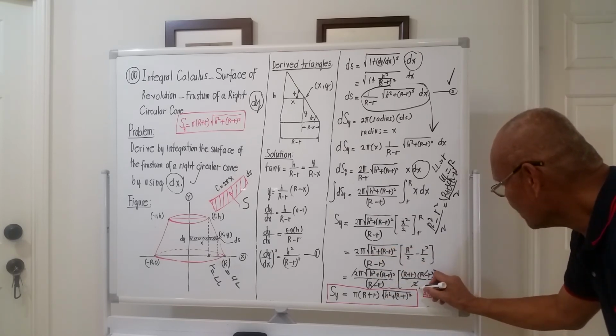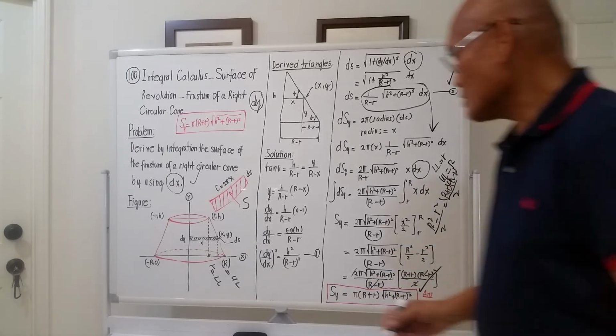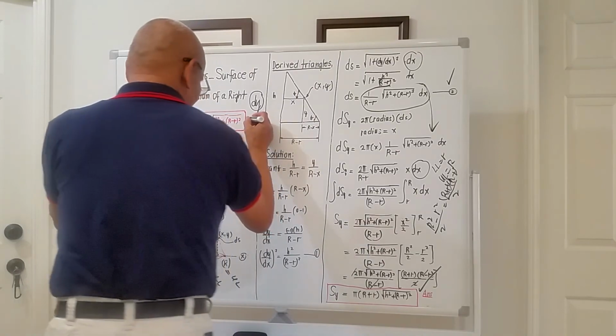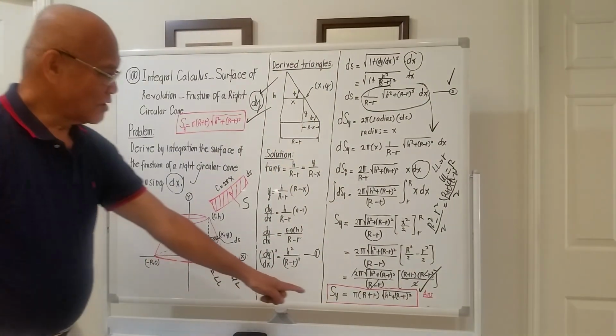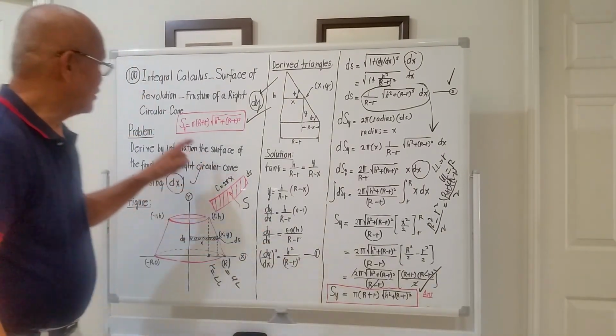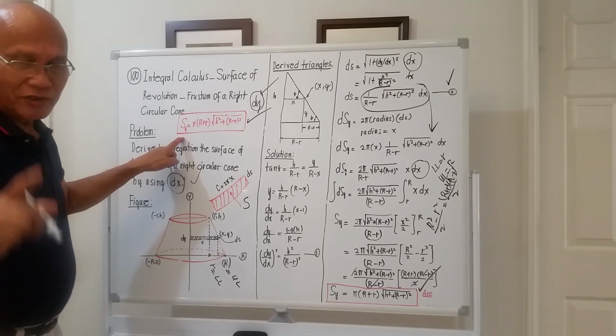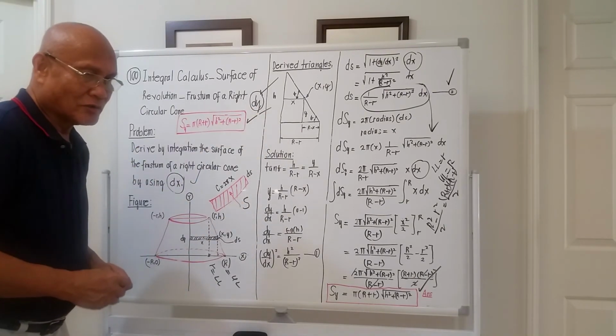This is the formula. And if we inspect this one, it is actually the same as the formula using the integration with respect to y. This is the solution using the integration with respect to x, and this is the solution using the integration with respect to y. Okay, that's the second solution.